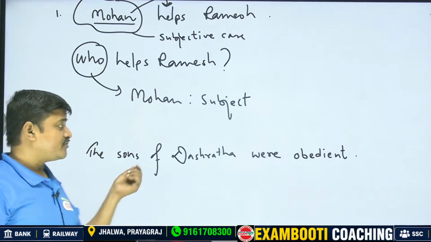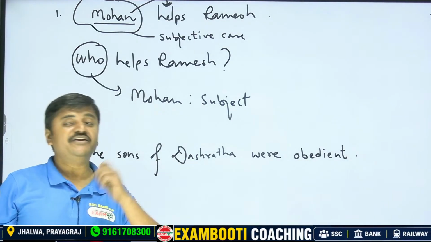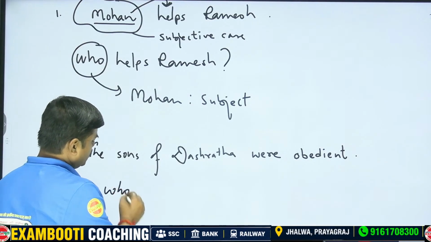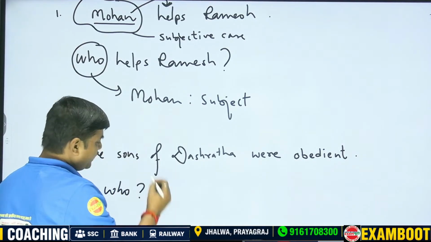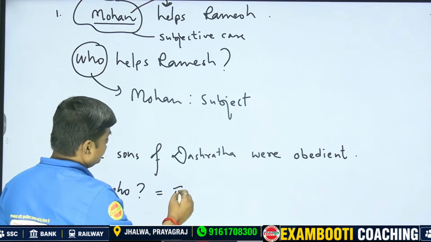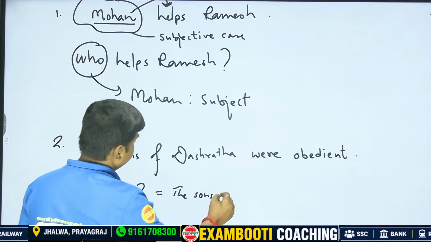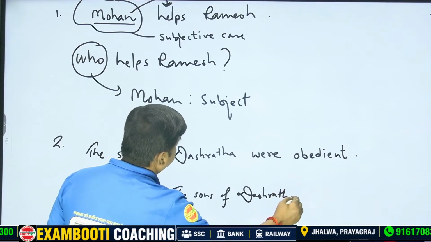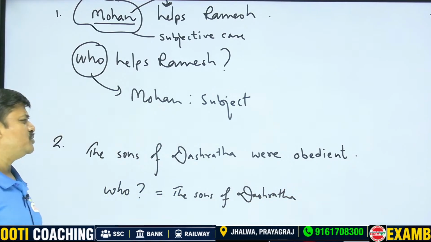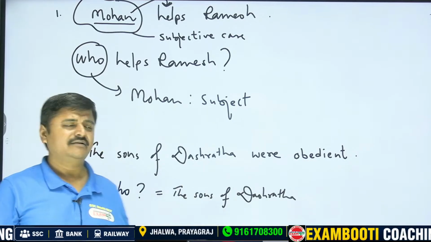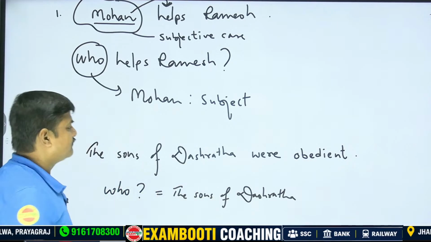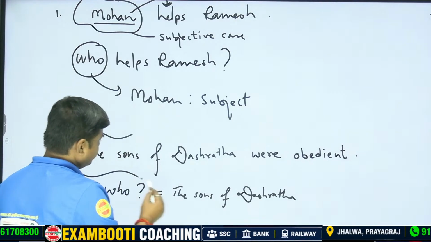The sons of Dasratha were obedient. Now ask the question, who? Now you will get the answer, the sons of Dasratha. Who were obedient? The sons of Dasratha. Of course, this is the subject.